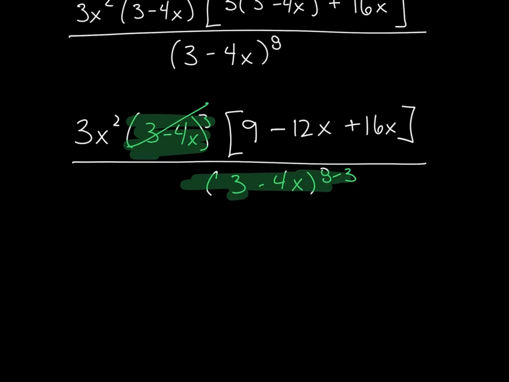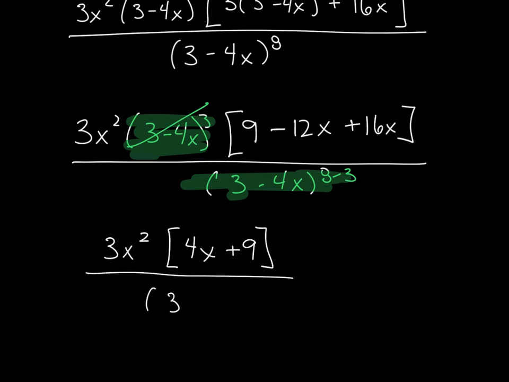And my final answer will be 3x squared times, I'm going to put this in descending order, 16x minus 12x gives me 4x plus 9, all over 3 minus 4x raised to the 5th power.